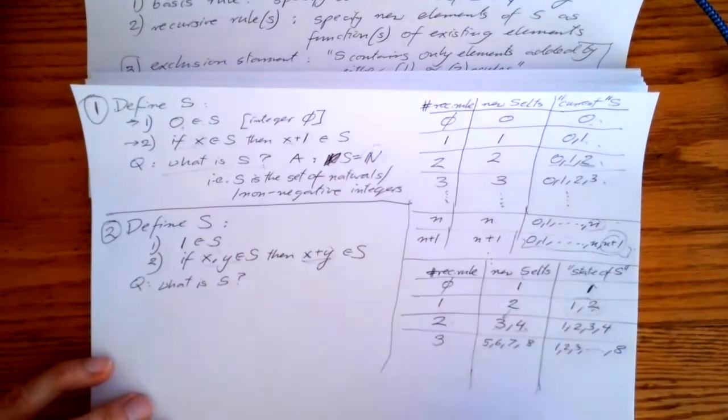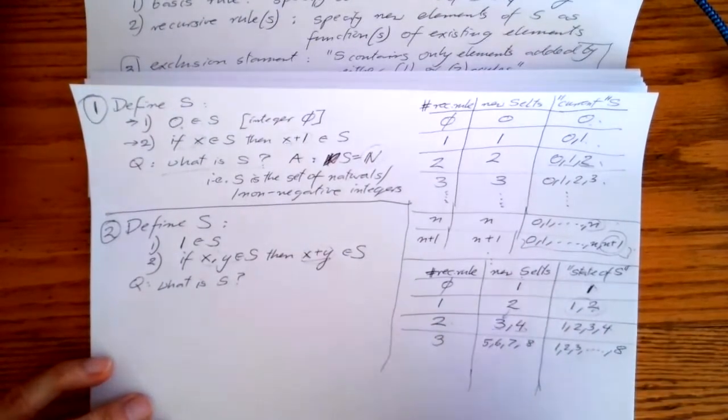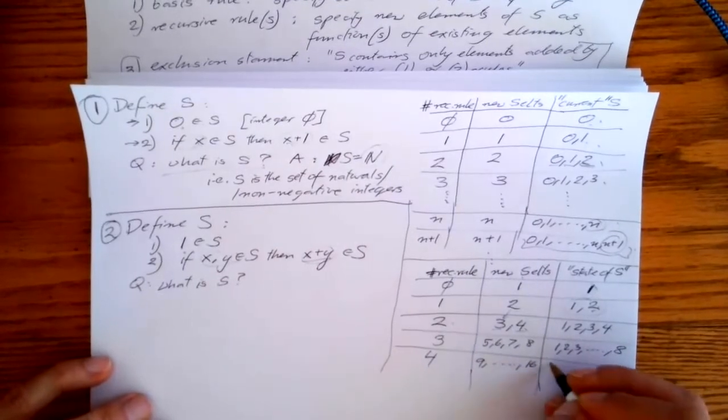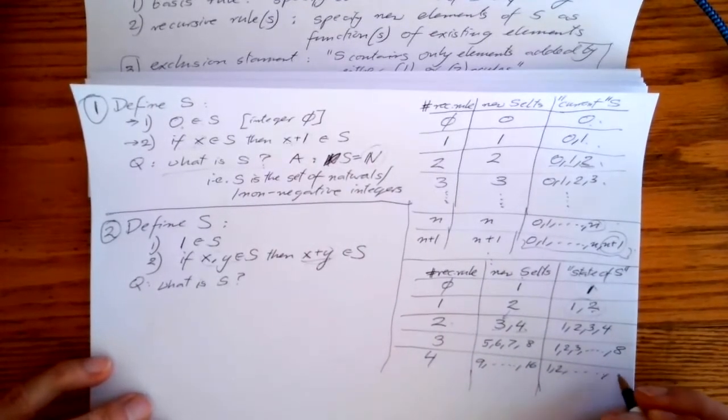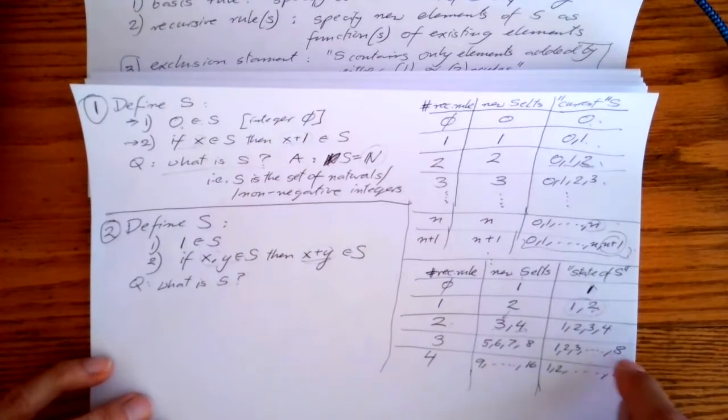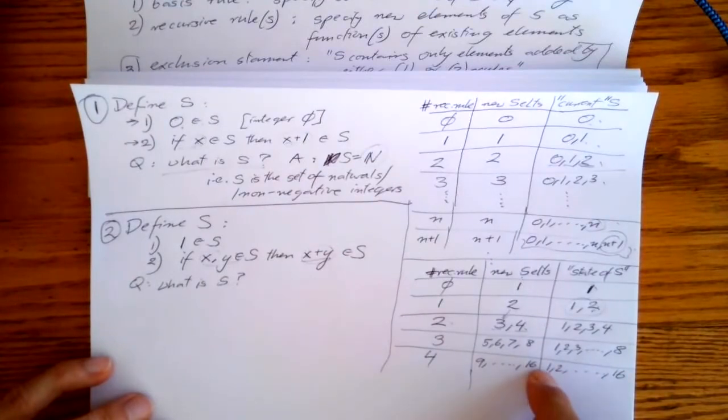So it seems that after 3 applications you did this, and it's not hard to see what will happen after the 4th: you will just get everything from 9 to 16, because you're basically doubling everything. You're getting everything from the max plus 1 all the way to the new max, which is twice the old max, and you get everything in between.